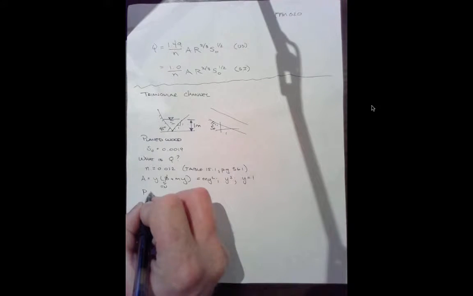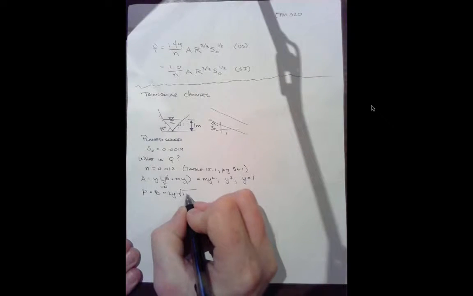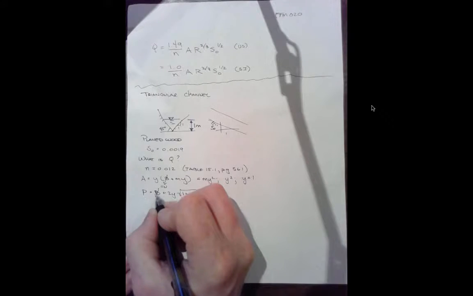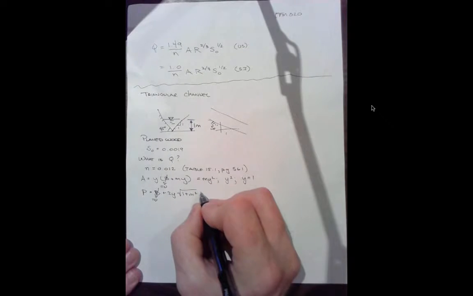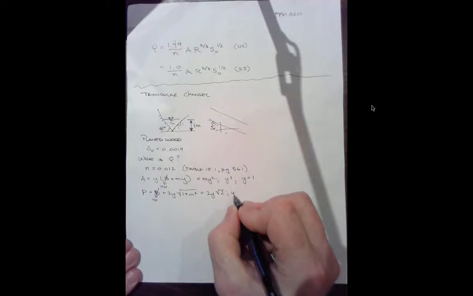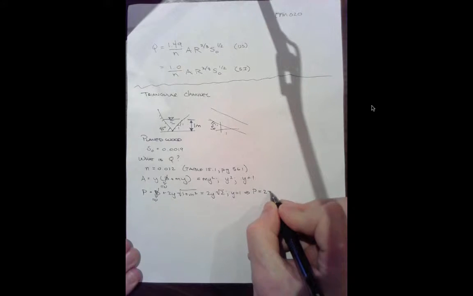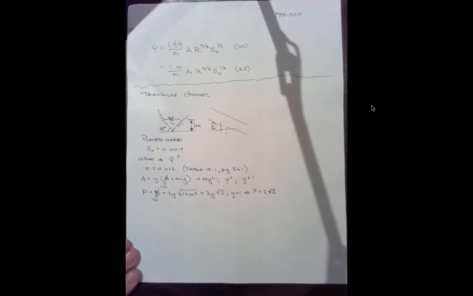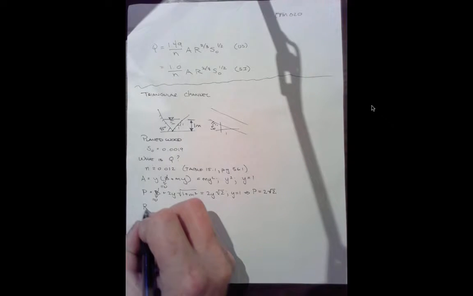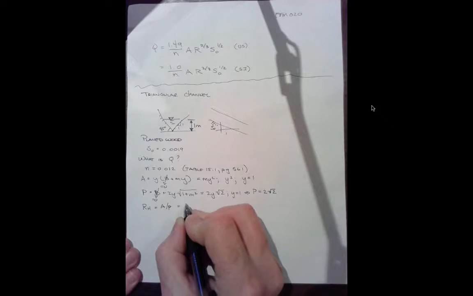The wetted perimeter, again using the trapezoidal formula, is the bottom width plus 2y square root of 1 plus m squared. Bottom width is equal to 0 because there is no bottom width. So 2y square root of 2. y equals 1, which implies that the perimeter equals 2 root 2. Hydraulic radius, by definition, is area over the wetted perimeter, which is 1 divided by 2 root 2.